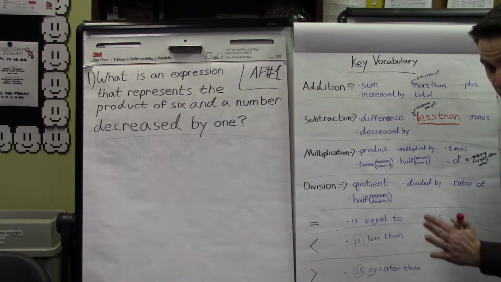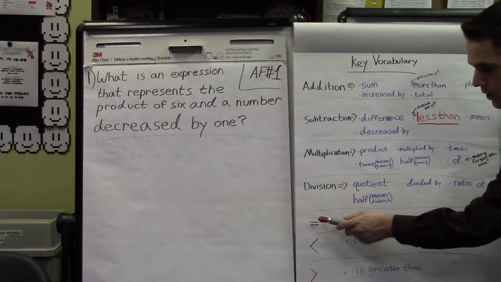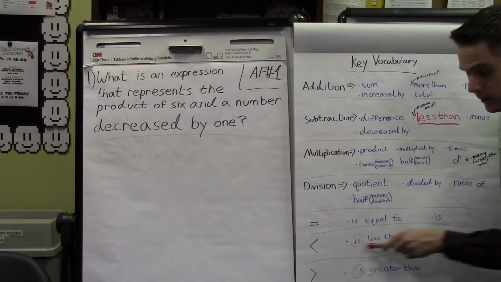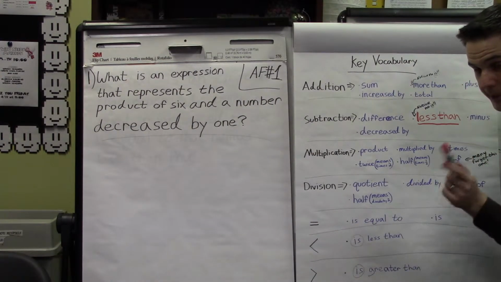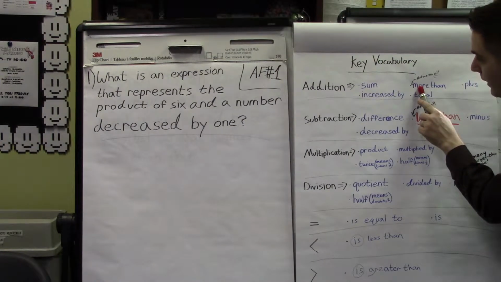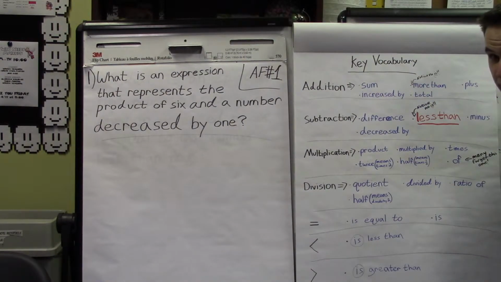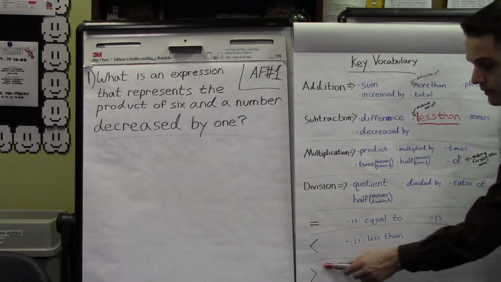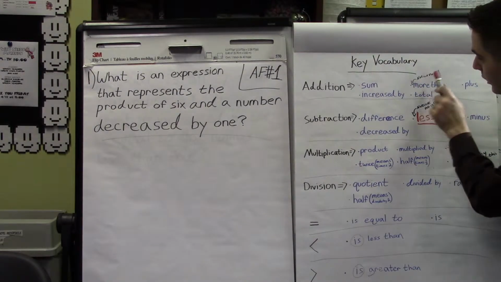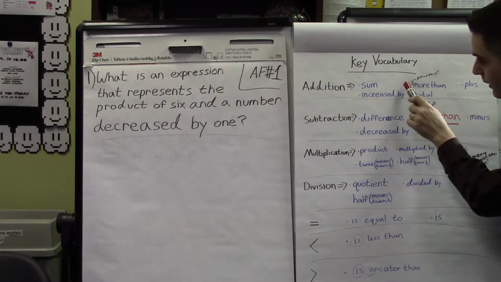In fact, anytime you see the word is, you know equal or inequality. If you don't see an is right in front of that more than, it's an addition. That's a common trap a lot of kids fall into, is they see more than and they think inequality. No. Look for that keyword is in front of it.